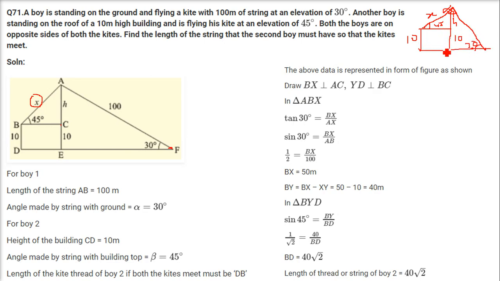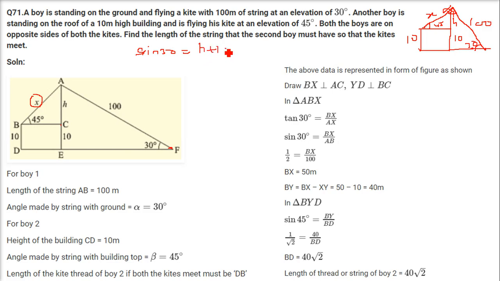So first, this is 30 degrees. Because here it is given as 100, we'll take this as the perpendicular and this as the hypotenuse. So we'll use sine 30 degrees. I am taking triangle AEF.